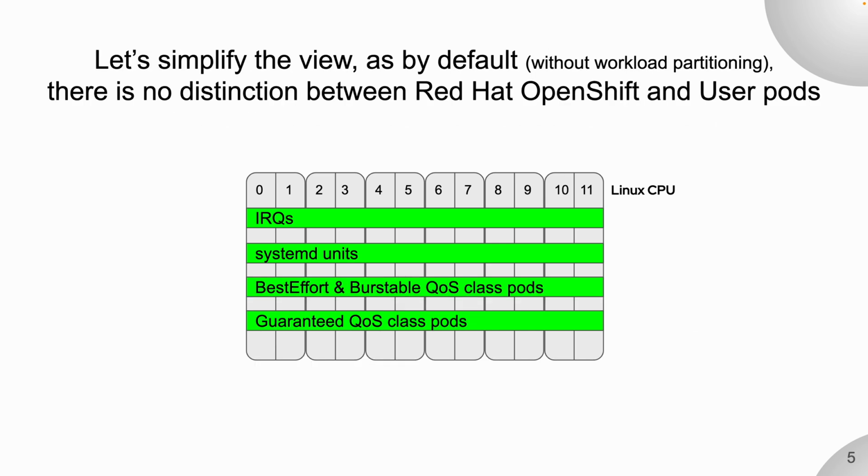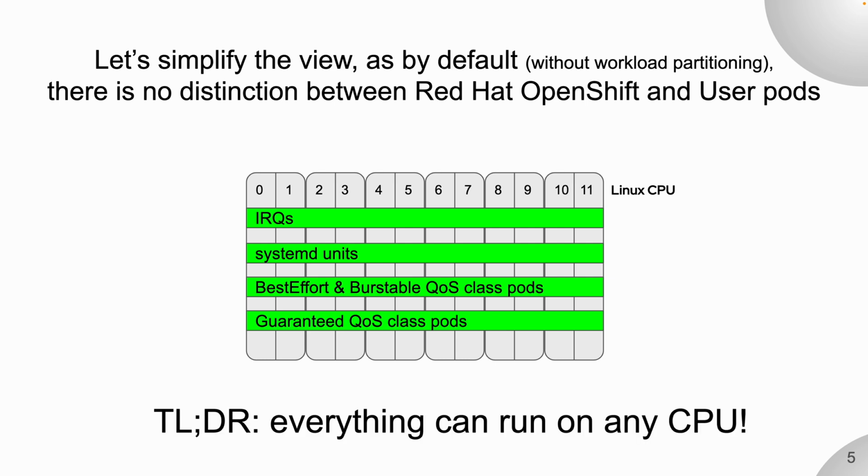So let's simplify the view, because pods are all equal without workload partitioning. Everything can run on any CPU. And the question is, who's deciding what's running where? IRQs can run anywhere, but a given IRQ is going to be pinned on a CPU by the IRQ balance systemd unit based on the activity of that interrupt.